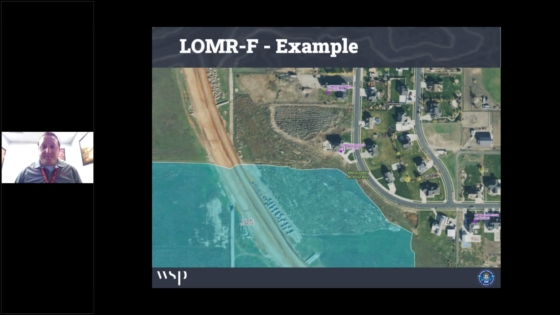And oftentimes, if we were to go in and try to submit a LOMA on this piece, and FEMA went into the map and saw all this fill material being placed, they would probably question us on it and say, hey, we see a bunch of fill material on this lot. We know it's not a natural ground scenario, therefore a LOMA doesn't work. You have to do the LOMAR F process.